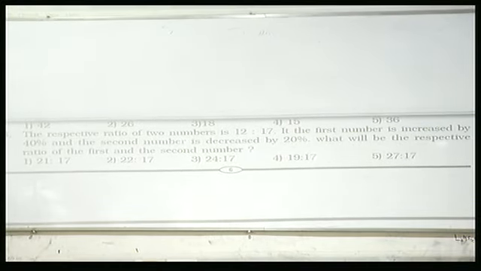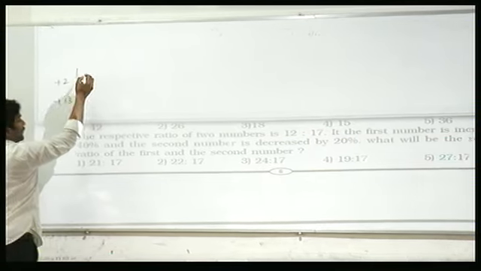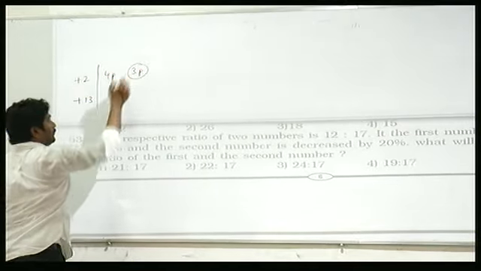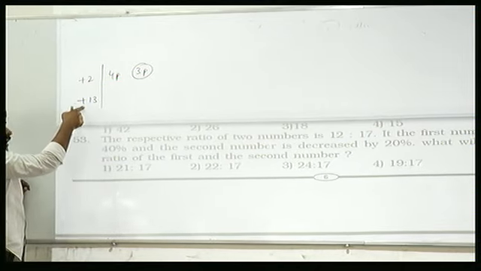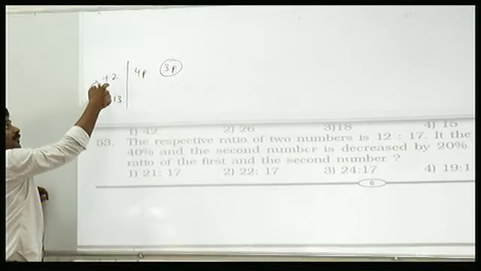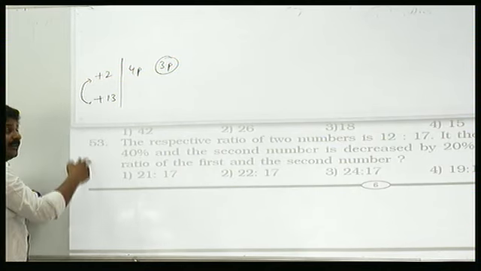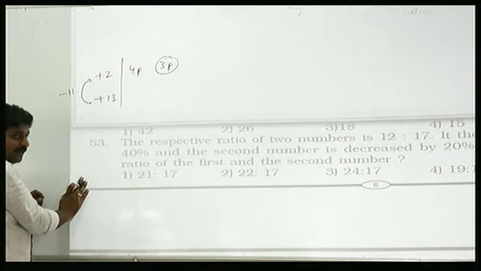In the previous question you can even go for the answer options. You are asked about Simran's age after 13 years, and after 2 years Raj's age and Simran's age ratio is given as 4:3. So from after 13 years to after 2 years, how many years do you need to subtract? 11 years, right?